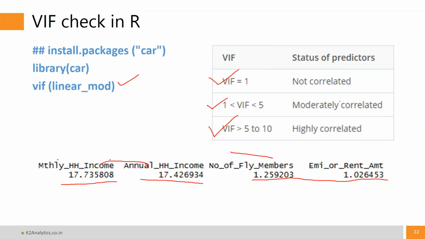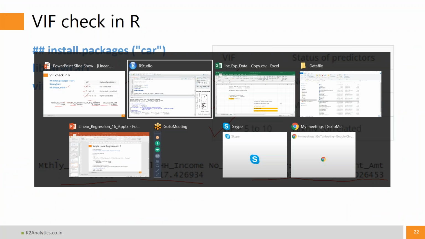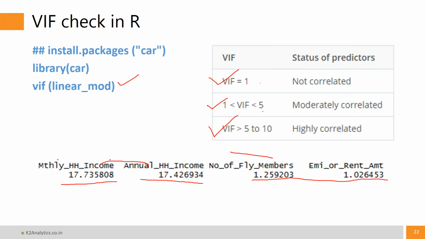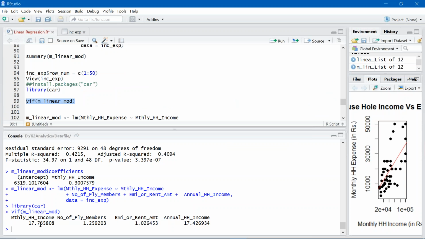What is the interpretation? VIF equal to 1, not correlated. Between 1 to 5, moderate correlation, greater than that, high. So this shows that this and this have got a correlation, and they are causing the multicollinearity problem. So one of them has to be dropped.